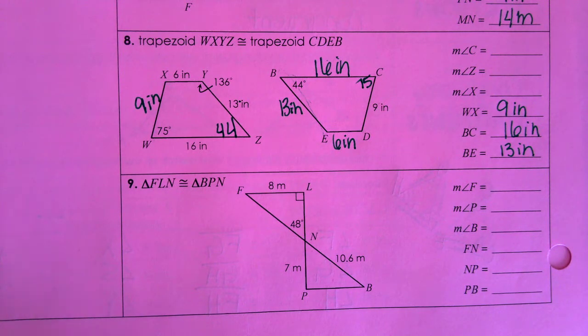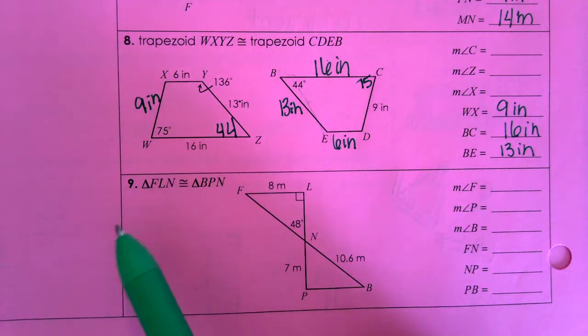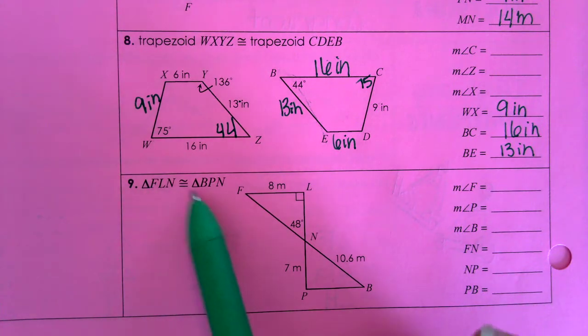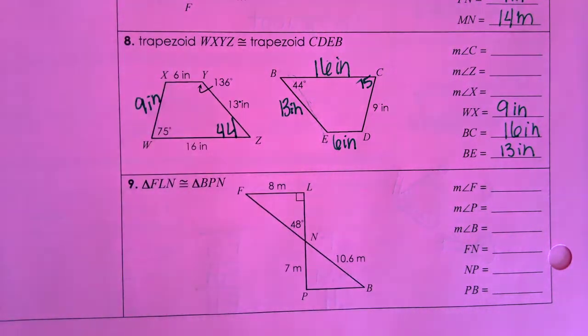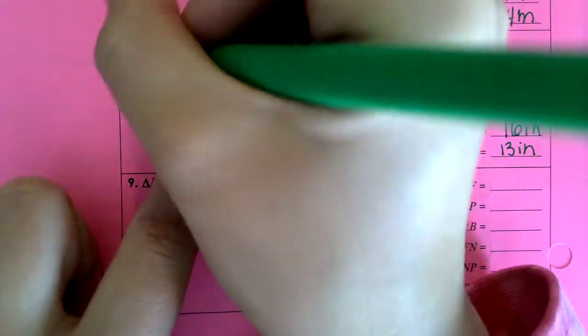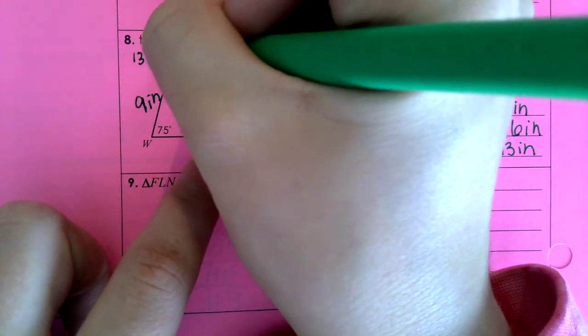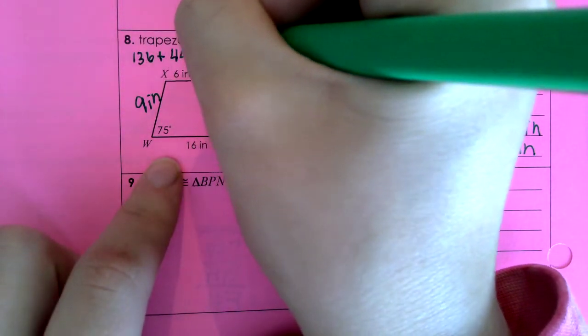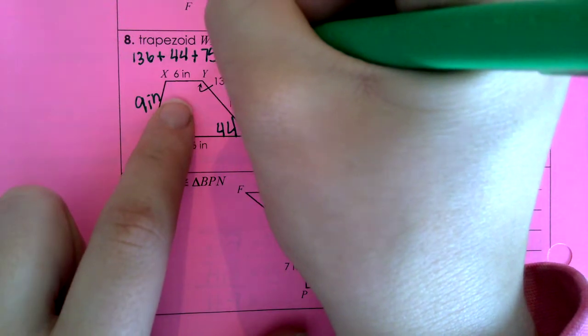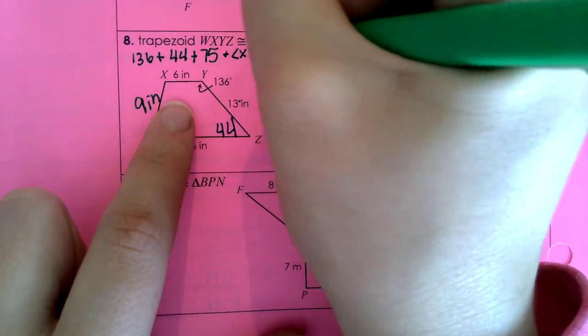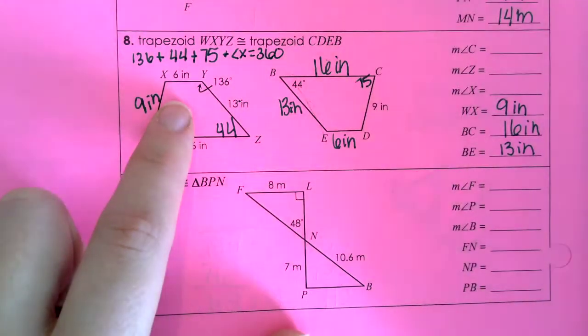So now we just have one angle left to find. Well, that's this little corner right here. And if we know anything about trapezoids, we know that this is a four-sided shape, and we know all quadrilaterals have to add up to be 360 degrees. So I'm going to take 136 degrees plus 44 degrees plus 75 degrees plus angle X, and that's going to equal 360.